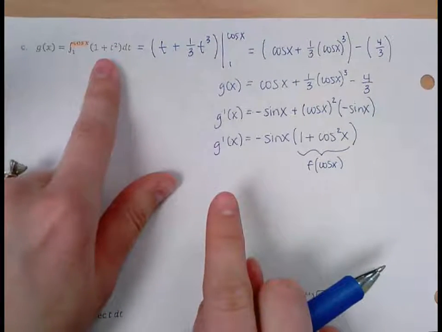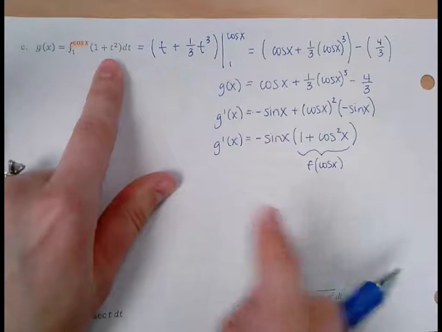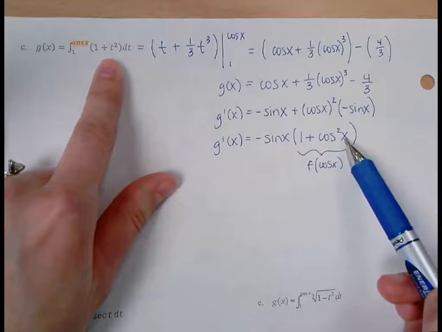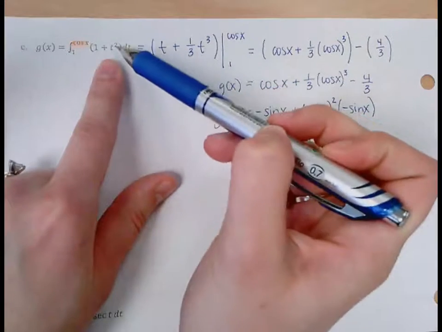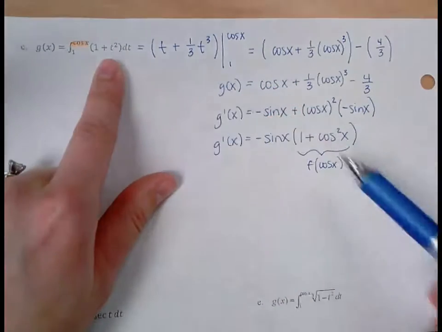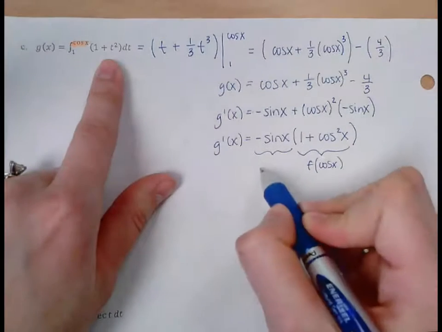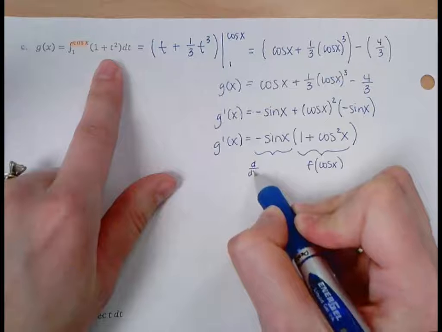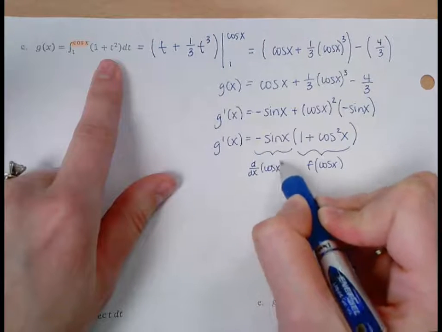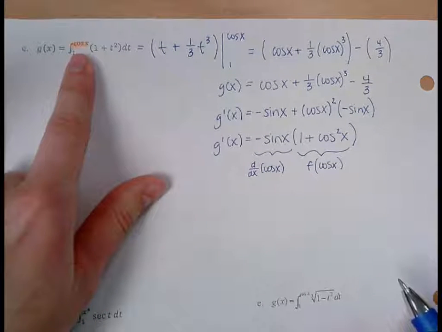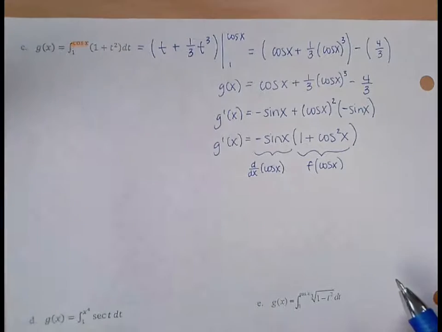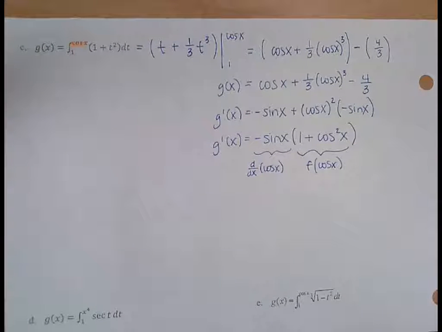If f is 1 plus t squared, this piece here is as if I just substituted cosine of x in for t. And then the negative sine of x is the derivative of cosine of x, so it's the derivative of the upper limit. So it's kind of like you're using a chain rule. If your upper limit is more than just x, in a way you're using a chain rule.